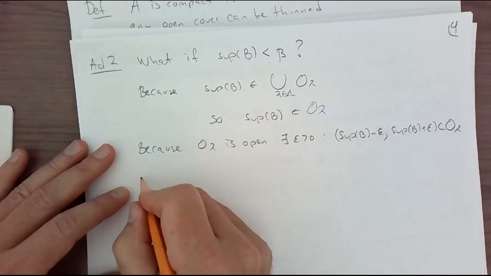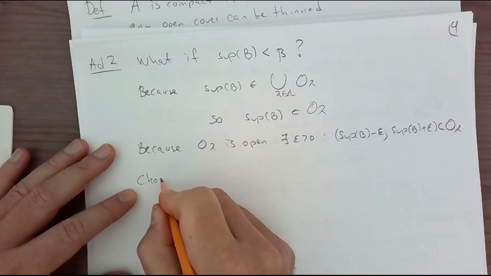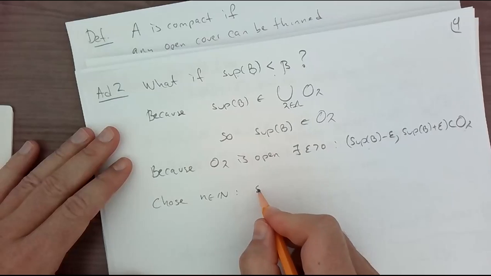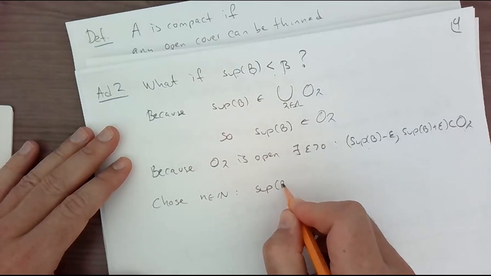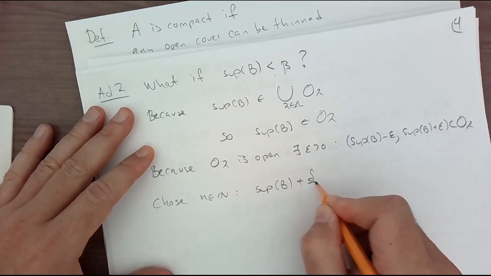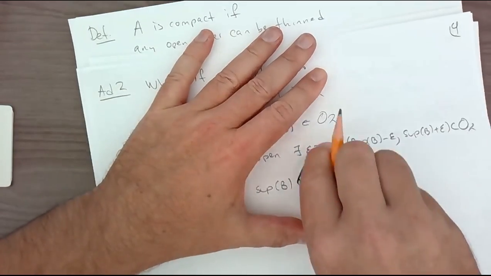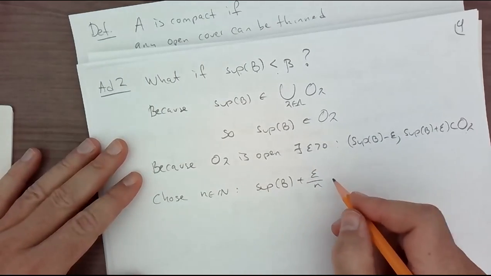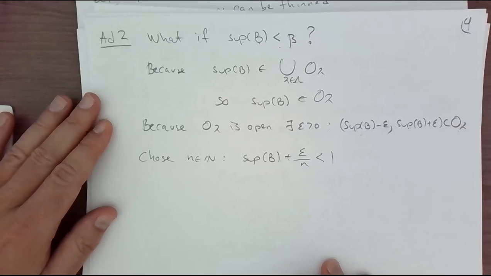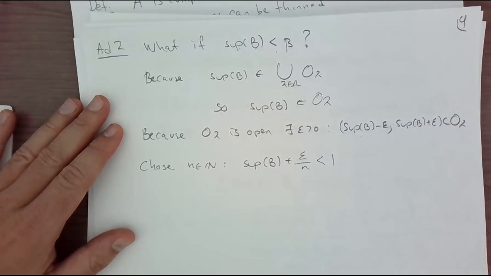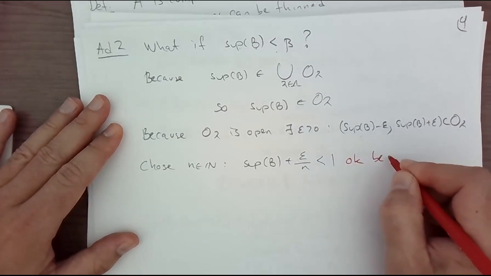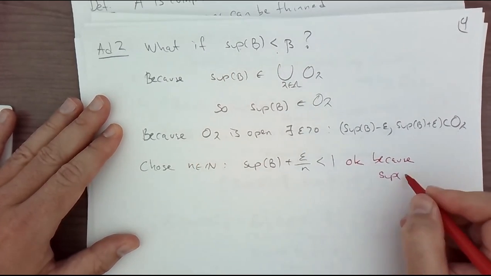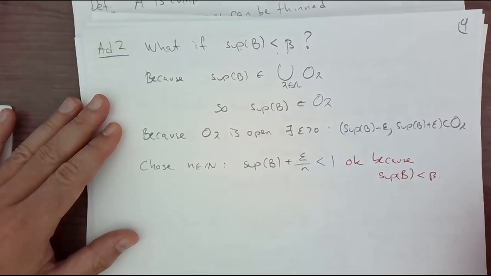We choose an n so that the sup of b plus this epsilon over n is less than 1. I can do this because we had the assumption that the sup of b was less than beta.